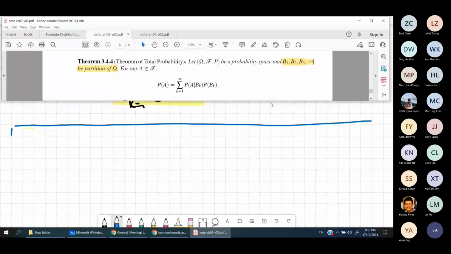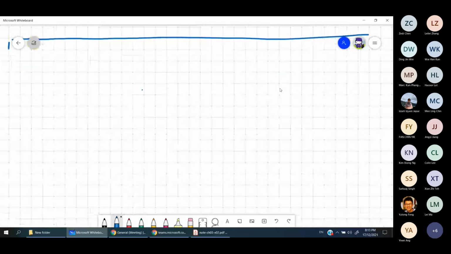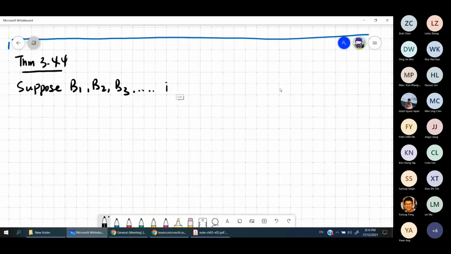All right, so let's look at the statement first. Please consider this. Suppose B1, B2, B3, and so on form a partition. When we say it forms a partition, what does it mean?